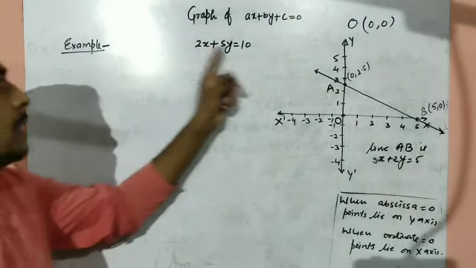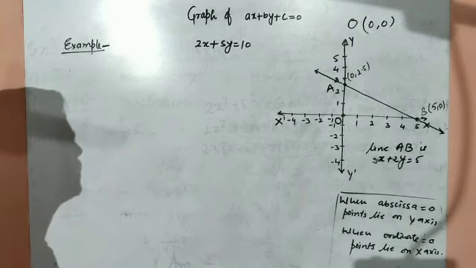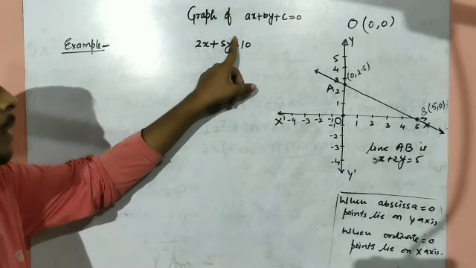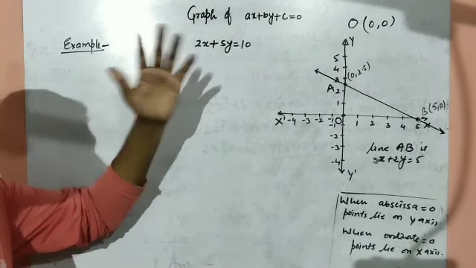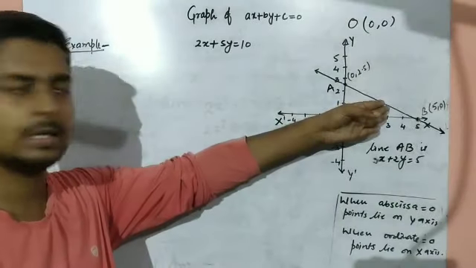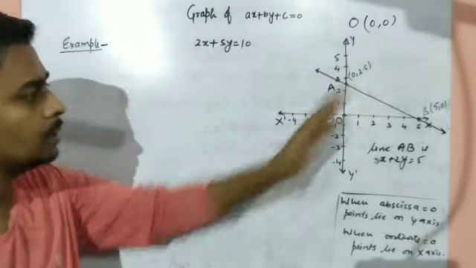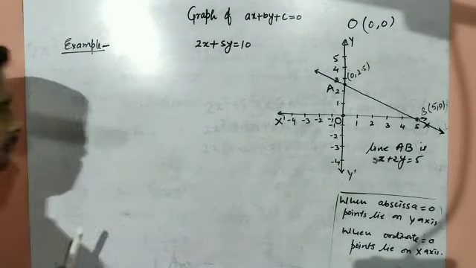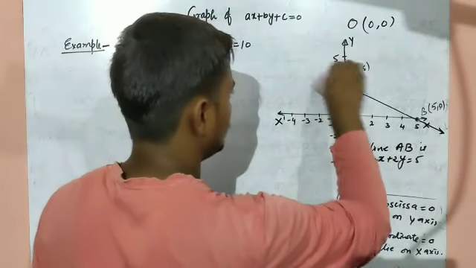2x plus 5y is equal to 10. This is a linear equation, power 1, 2 variables. So it will represent a line. Why will it represent a line? By this graph we can say. So you can remove this also.